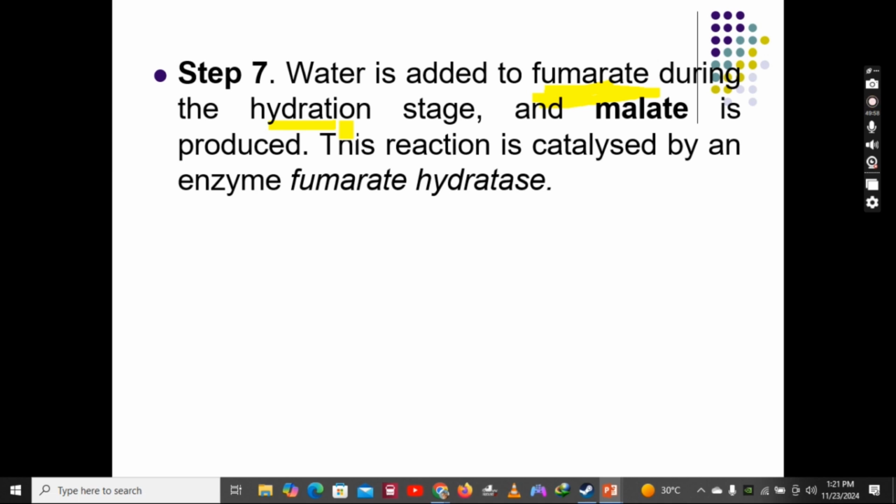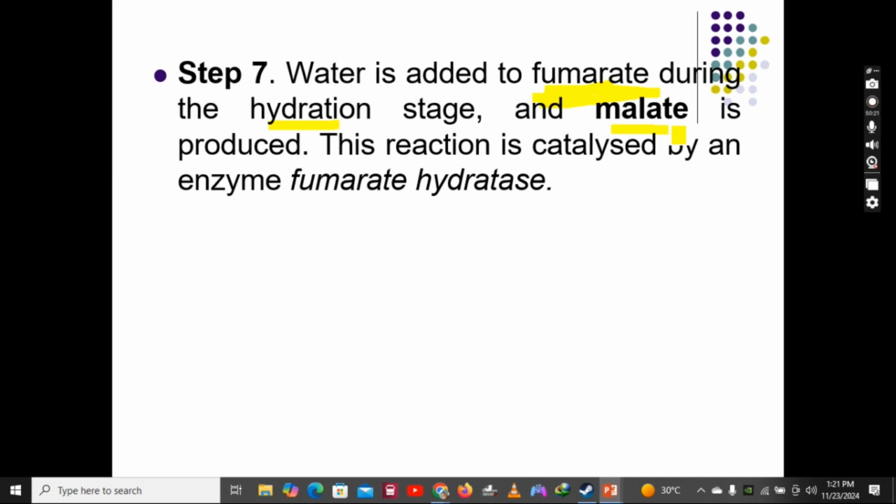So this stage is called the hydration stage because there is an addition of a water molecule, and what is produced at stage number 7 is what is called the malate.